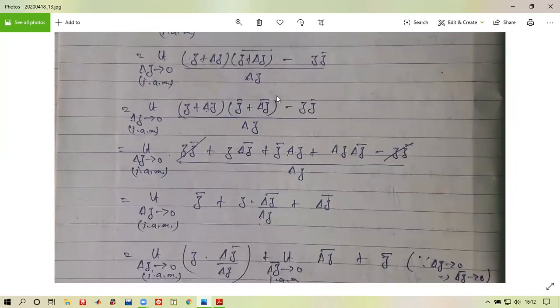Now, simplifying this function, we know that the sum of mod equals mod of sum. Therefore, we can write z z bar mod equals z bar plus delta z bar mod.